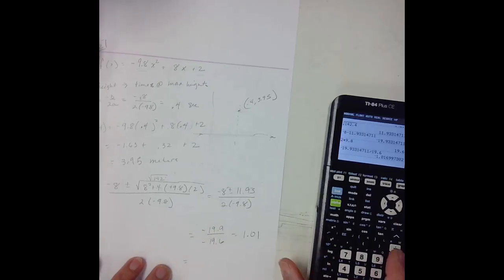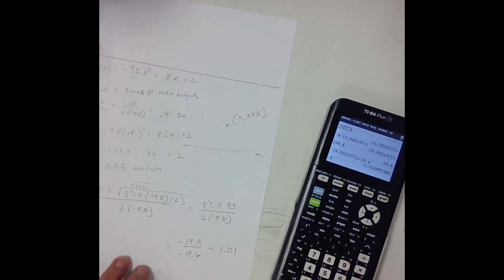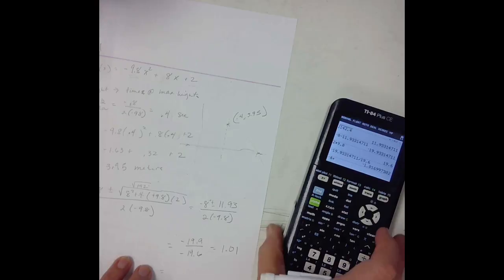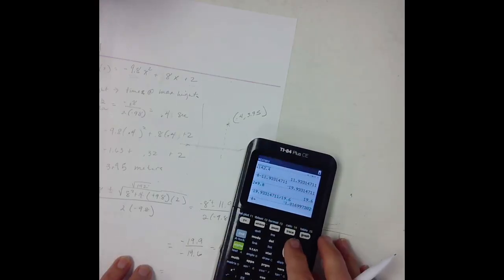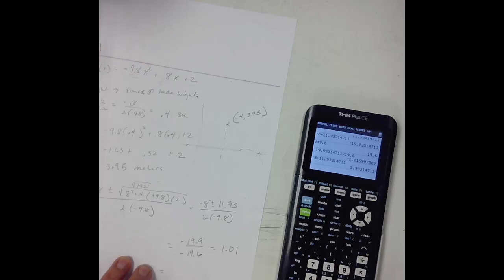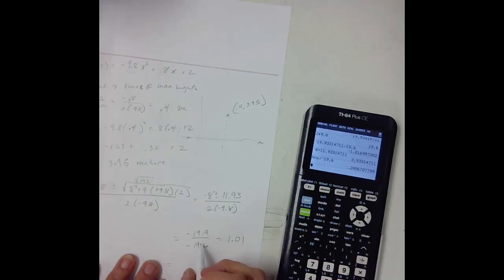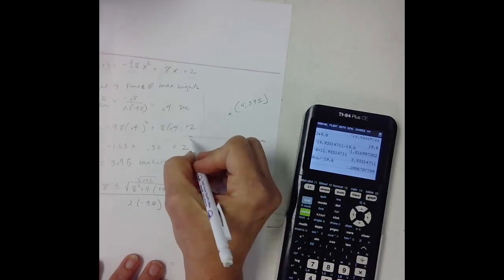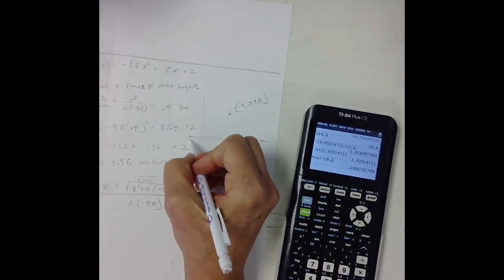But my next one, if I go negative 8, but this time I'm going to add 11.98, so I'm going to go grab it. I get 3.9, but now I'm still dividing it by my negative 19.6. I'm going to get a negative number. So that negative 0.2 is going to represent the point that's actually behind my x-axis, which really doesn't matter.